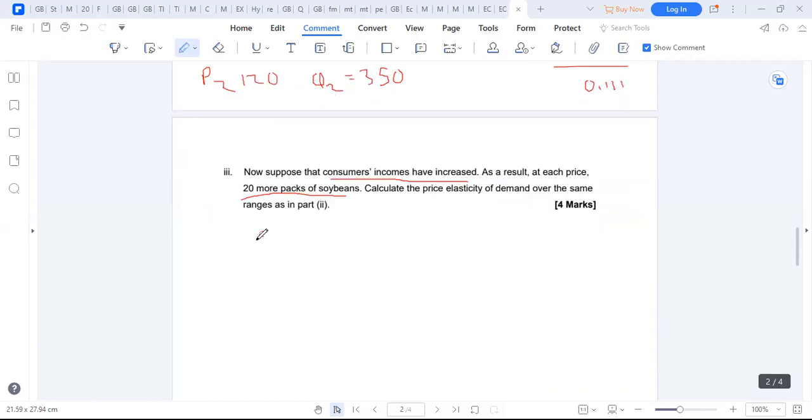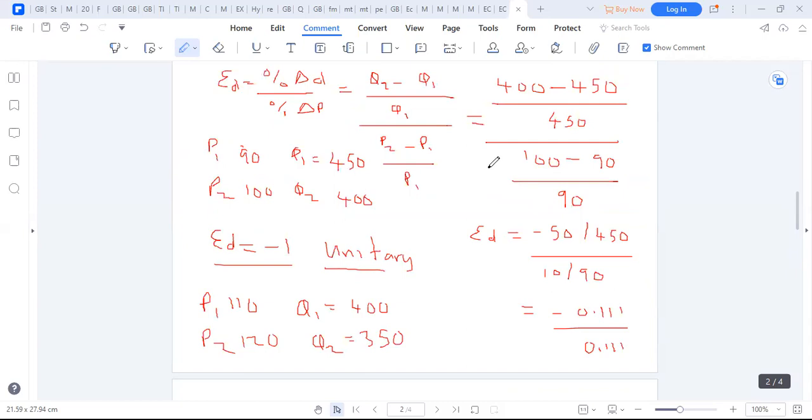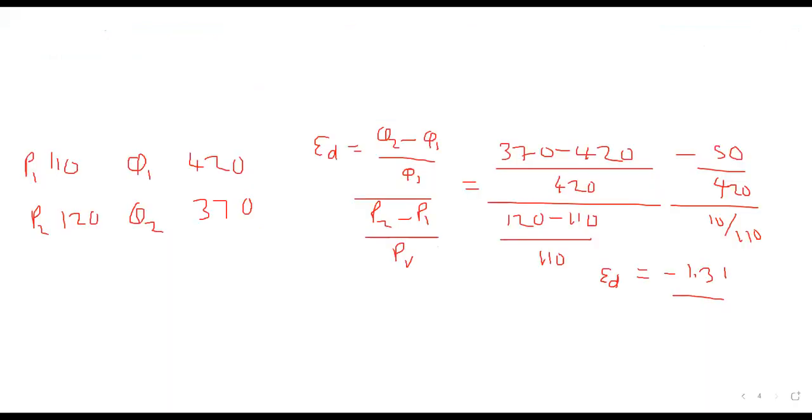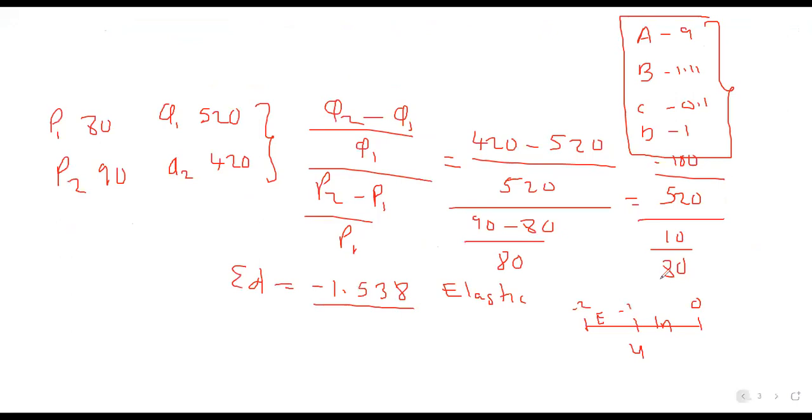So we calculated elasticity of demand for the price range 90 to 100 as negative 1.53.